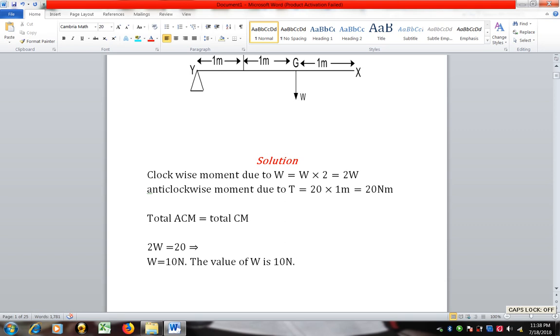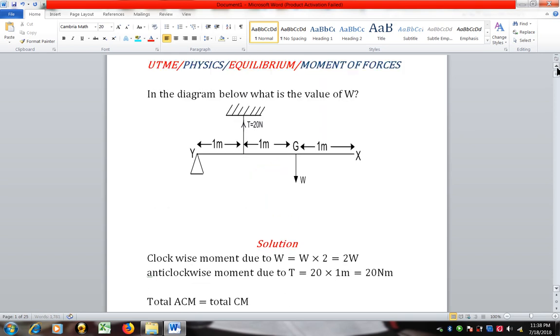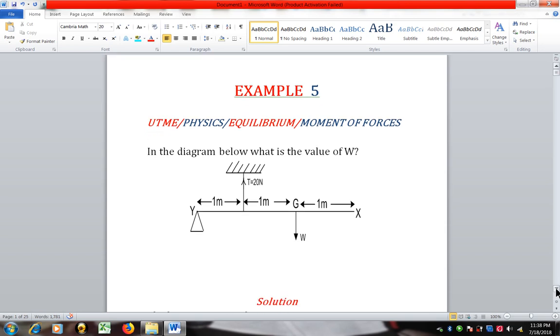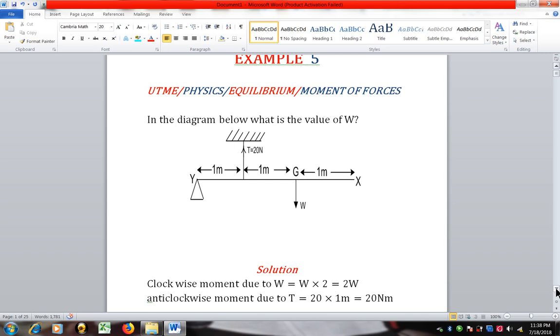Right. Now we should always remember that whenever we are asked to calculate the value of a particular force, it's always important to remember the principle of moment, which states that total anti-clockwise moment is equal to total clockwise moment about a given point.